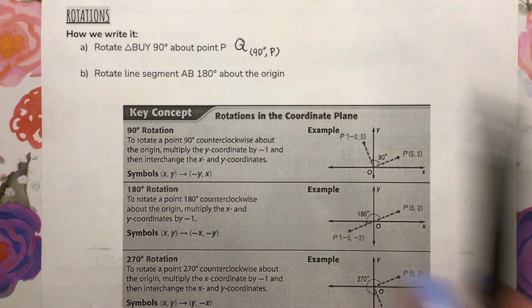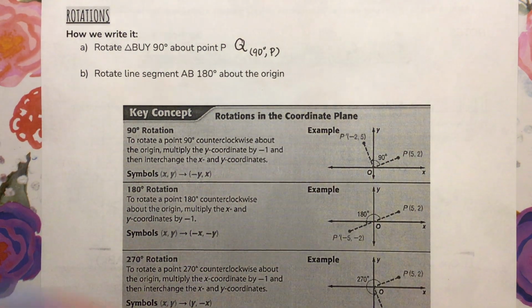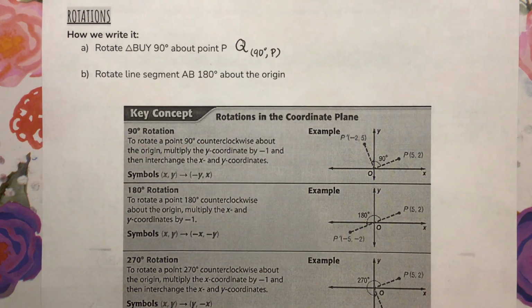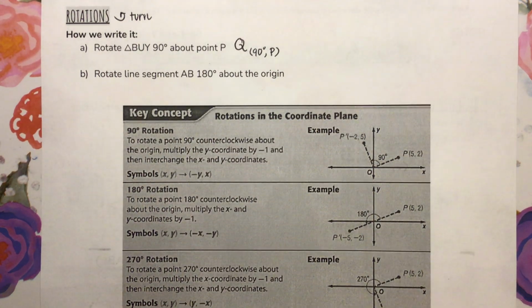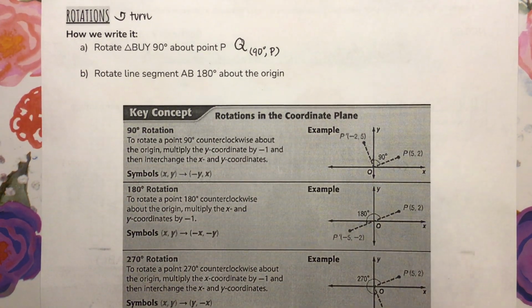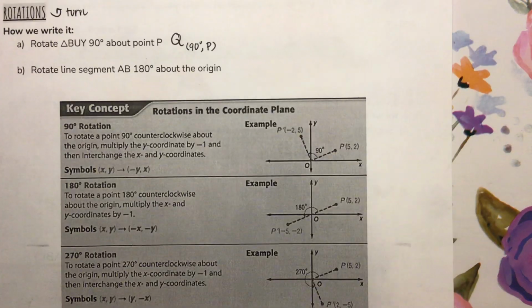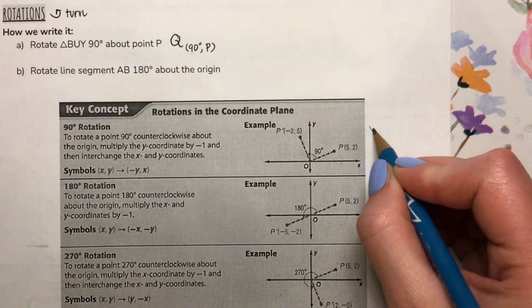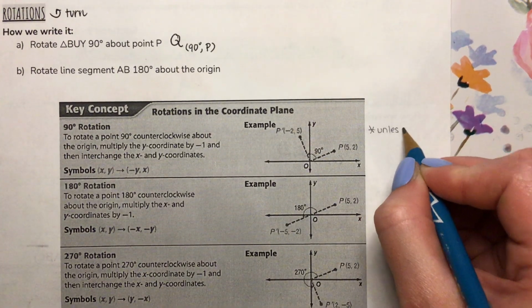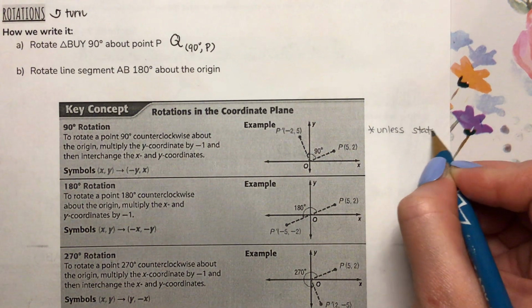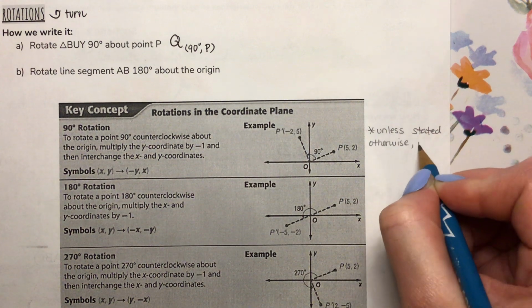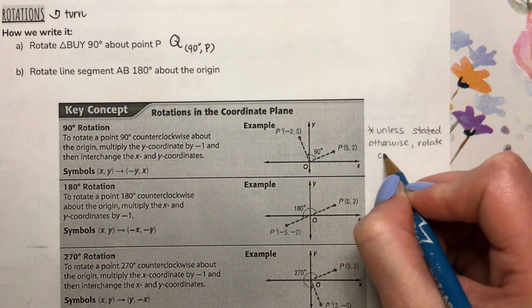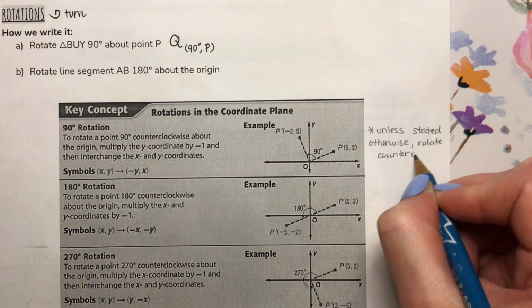I will say before I totally forget, rotations are when you turn a shape. But also, unless it's stated otherwise, so I'll just put this over here in the margin real fast. Unless stated otherwise, rotate counterclockwise.